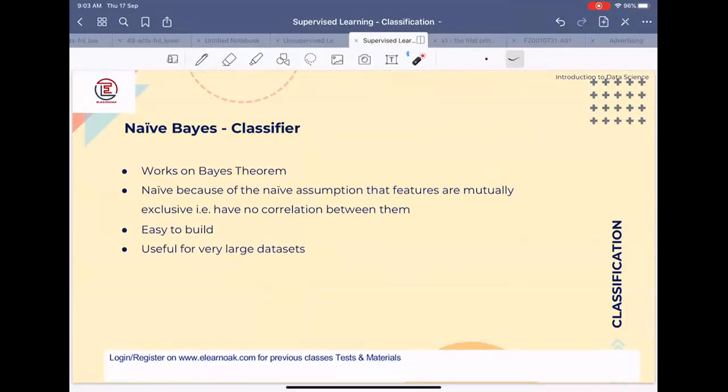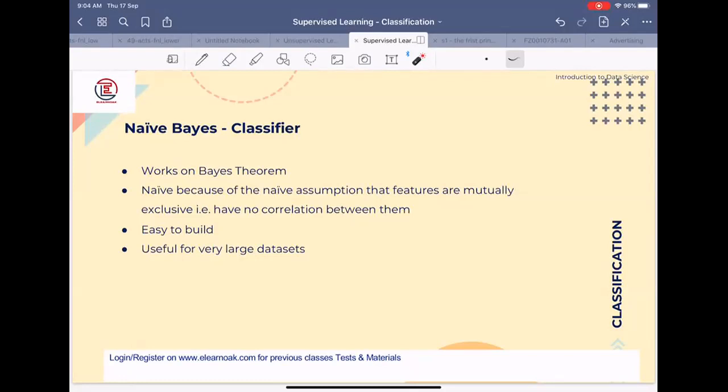So let me quickly revise what we did yesterday. In the last class, we looked at the naive Bayes classifier, and we went into a rather detailed discussion on what naive Bayes is, how it works, and what the math behind it is.